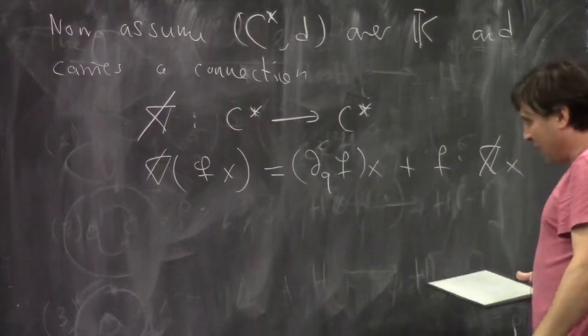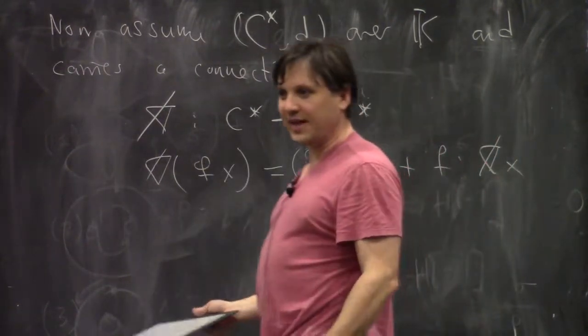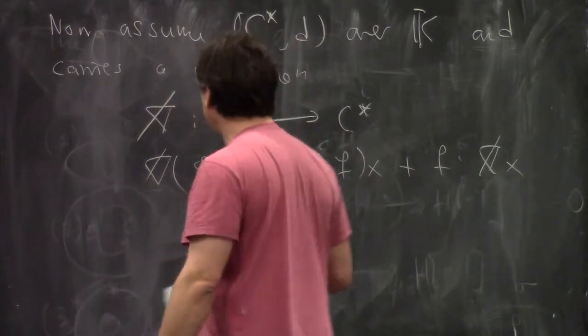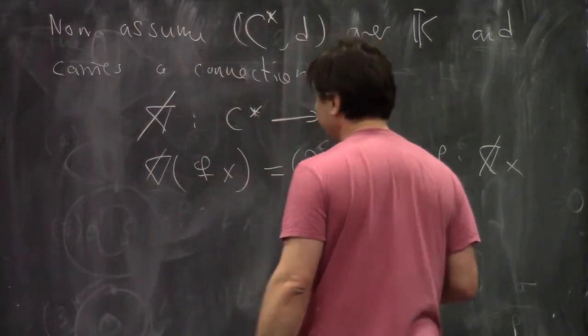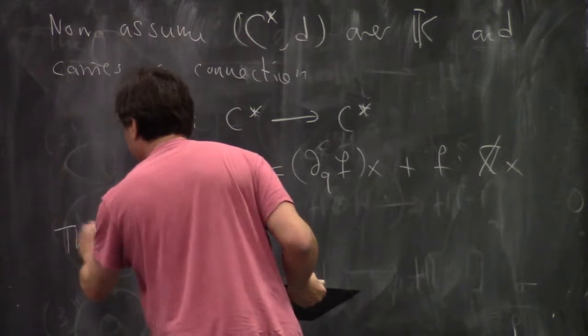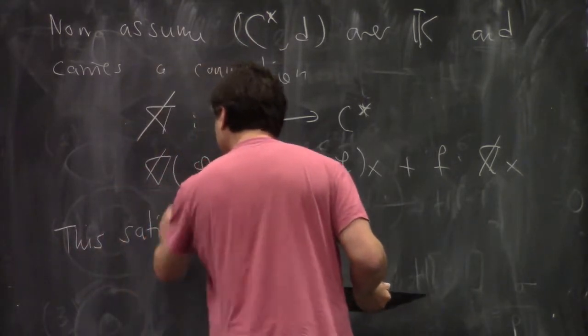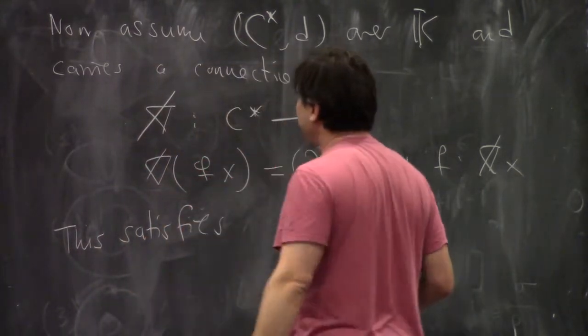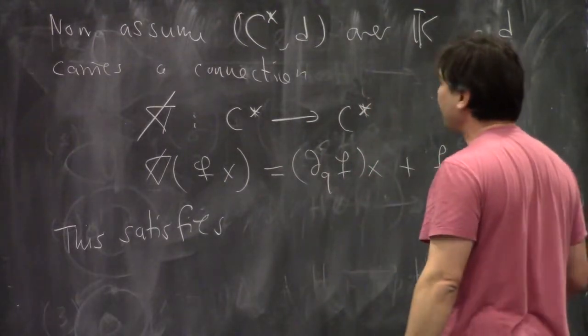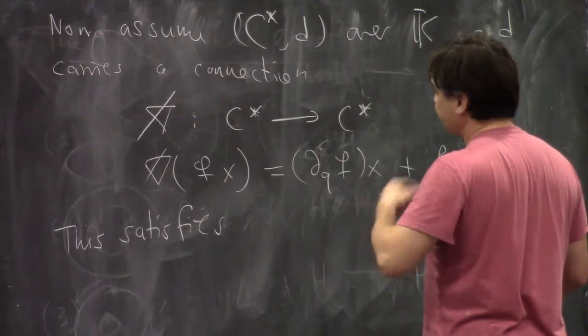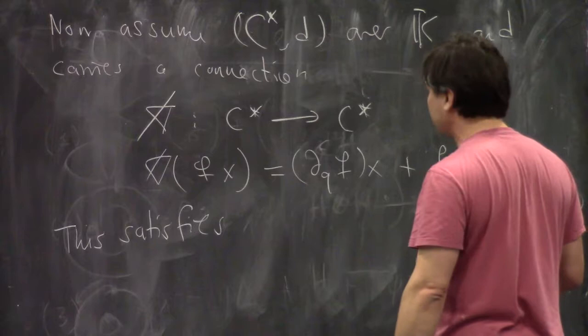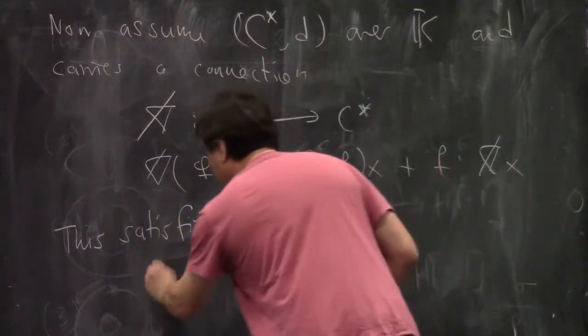Okay, so why do I put a slash through this connection? Well, because I want to remember something. This is a chain complex. So this is not actually a connection on the chain complex. It's not compatible with the differential.